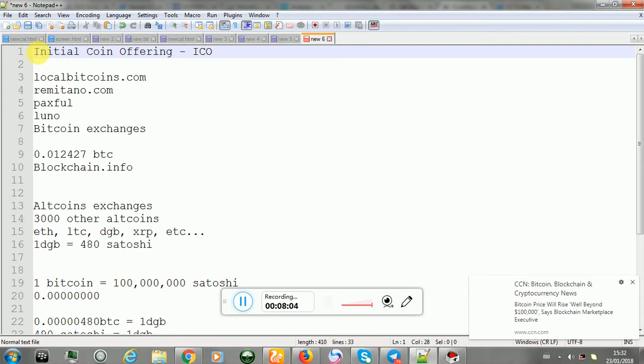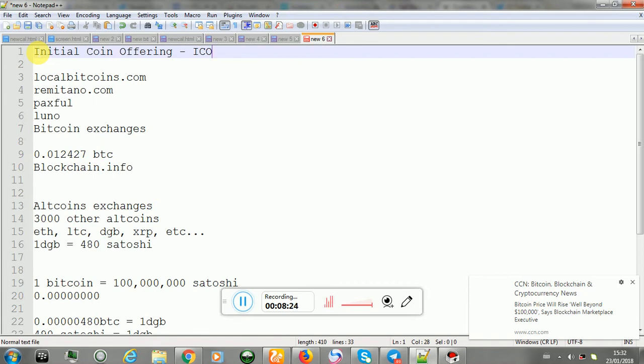They spend their fiat currencies like dollars and naira and the rest. They use it to buy Bitcoin, and then they invest into those ICOs. Okay, now that is one of the ways new cryptocurrencies generate funds to be able to start their project.